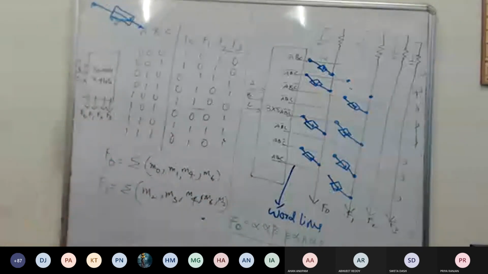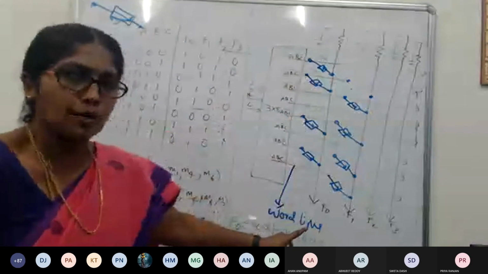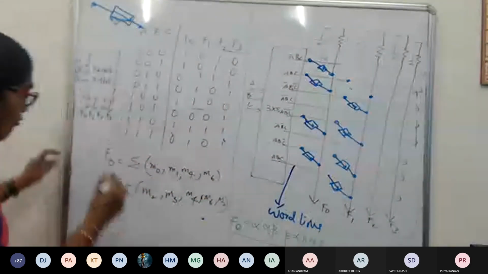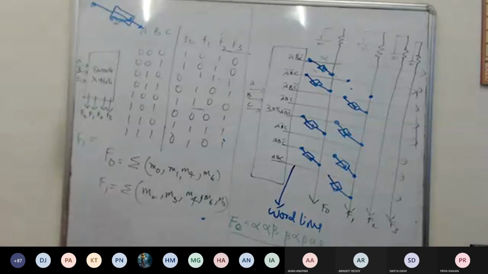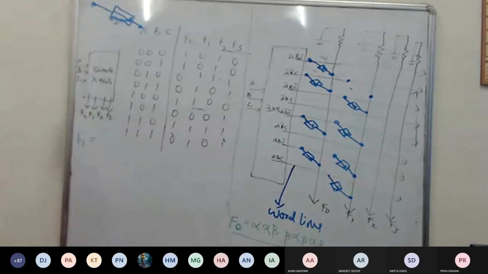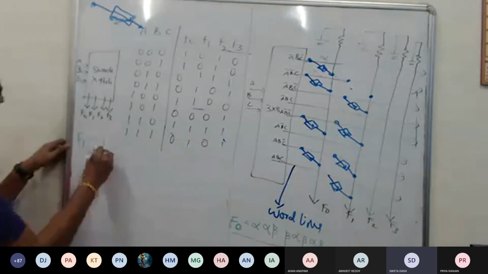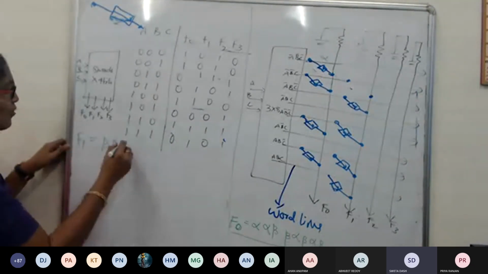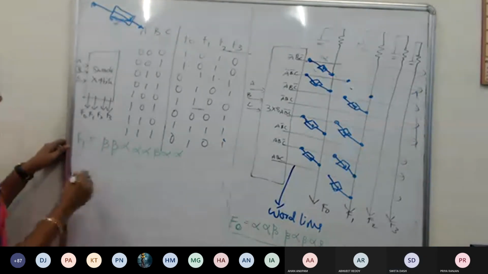Okay. F naught is one line of your memory. Right. Now F1 is what? F1 also you tell me in terms of alpha, betas. Beta, beta, alpha. Yes. If you are smart enough, you can do it from here only. Okay.